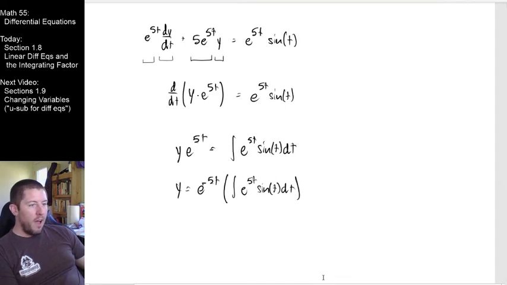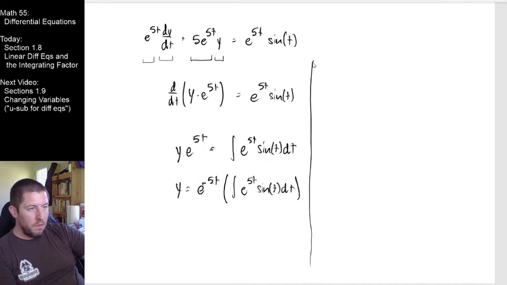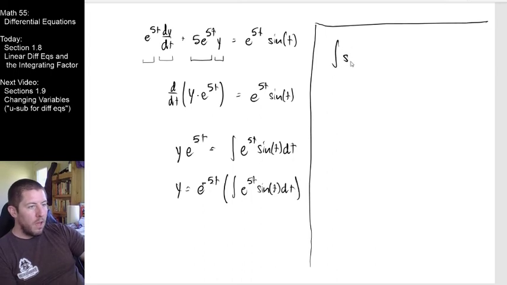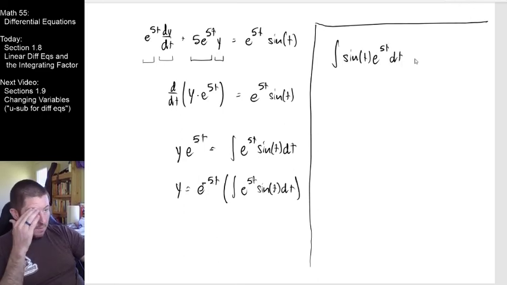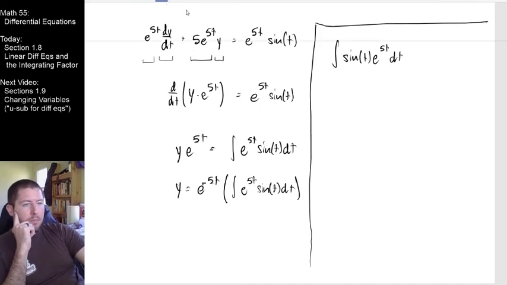I'm hoping that all of you remember the fact that you took Calc 2. If you don't, you're in trouble. I'm going to reorganize my integral ever so slightly. And I am thinking to myself that I want to do a little bit of integration by parts.